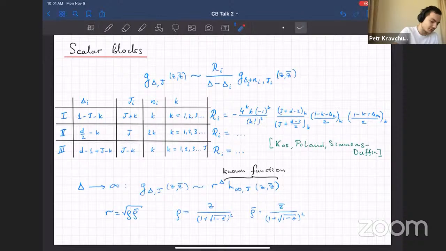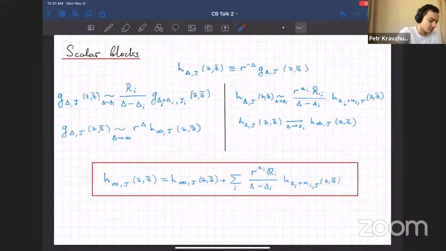They have a factor r to the delta, and then some delta-independent constant, where r is defined through rho and rho bar, which are just some functions of z and z bar. The way you see that this is true is you just solve the Casimir differential equation that we discussed last time at leading order in delta. And then from this same equation, you also get an explicit form for this function h infinity.